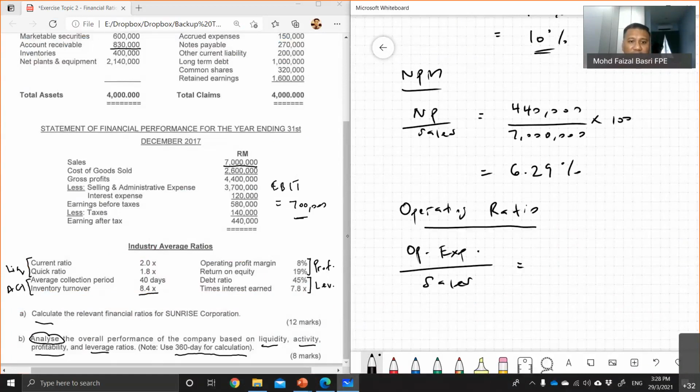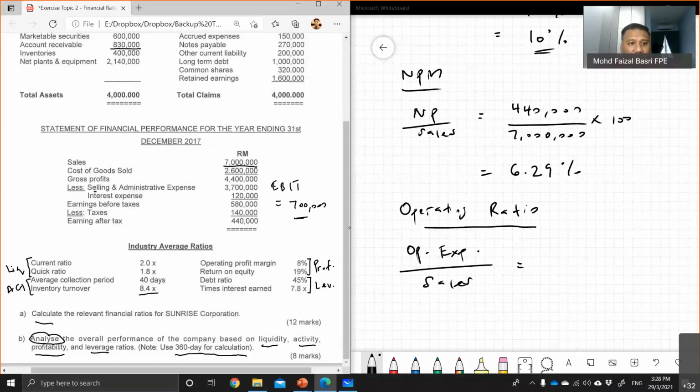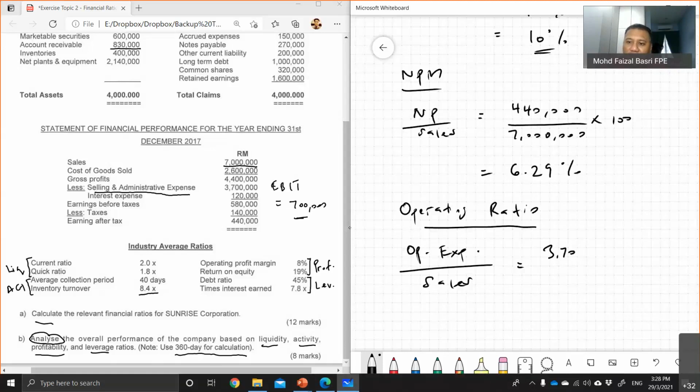So if earnings before interest and taxes is 7,000, the operating expenses will be this part, the sales and admin expenses, which is 3.7 million. We divide by sales of 7 million. Again, multiply by 100 to get the percentage. So 3.7 divided by 7 times 100. So it's about 52.9%.